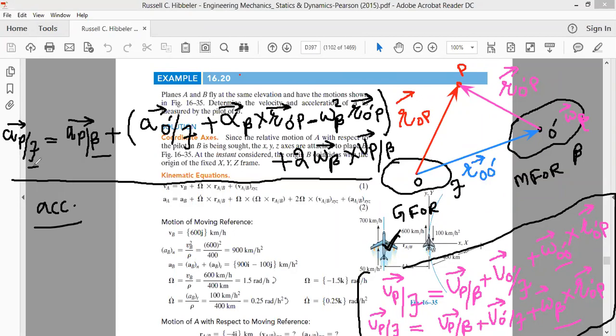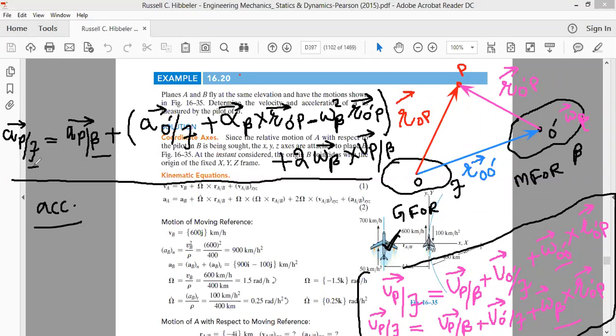But after solving 3 problems, I have noticed that students excel in using them. Once students get used to the terms and vector forms, the derivation becomes easy.